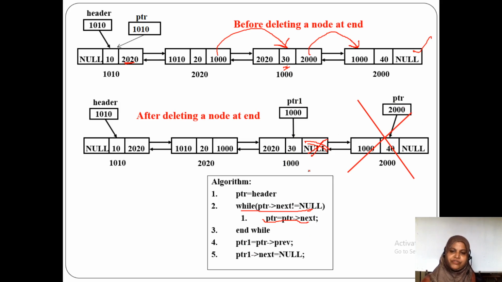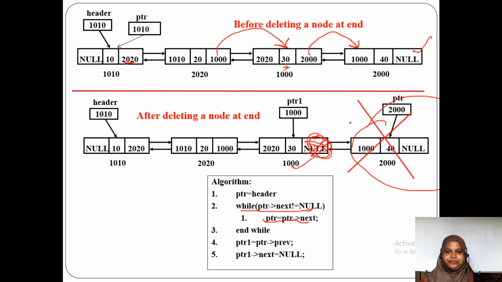Previous is 1000, so we are going to save this in PTR1. We are saving the previous value, which is 1000. Then PTR1 next is null. For this one, 1000 is the PTR1 next, and we are assigning the null value to it. Then we are going to free this one. Right, this is deleting at the end.